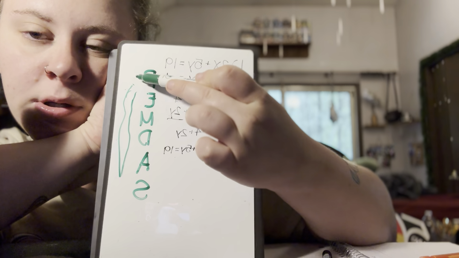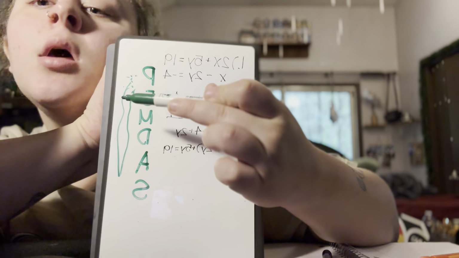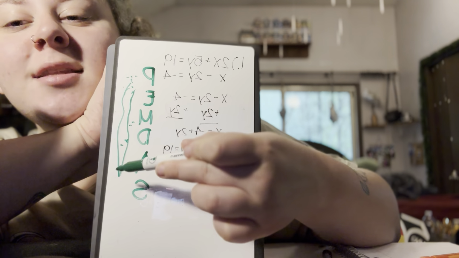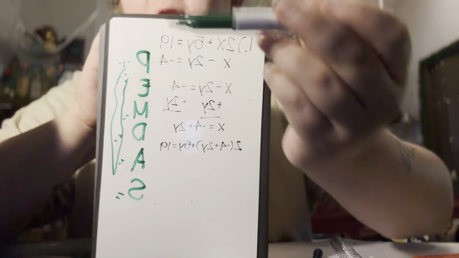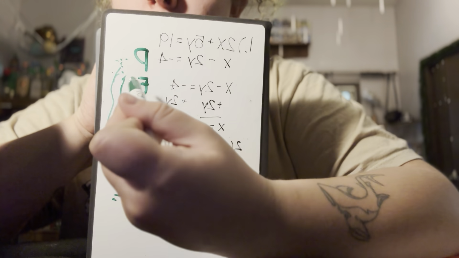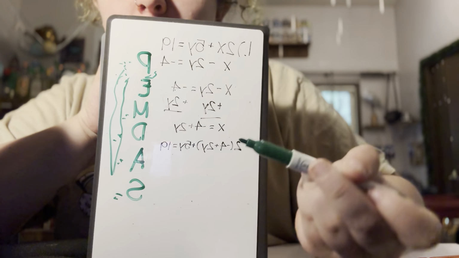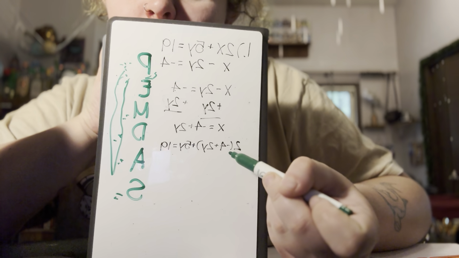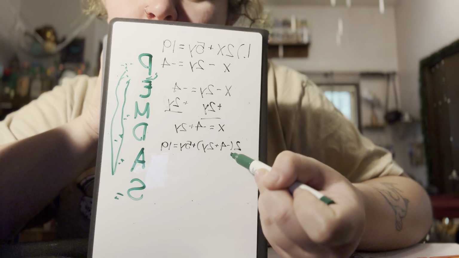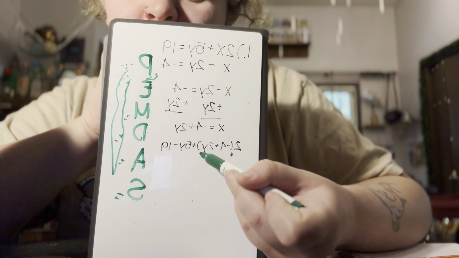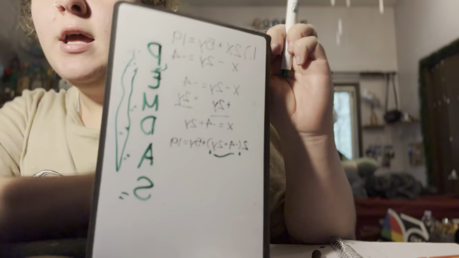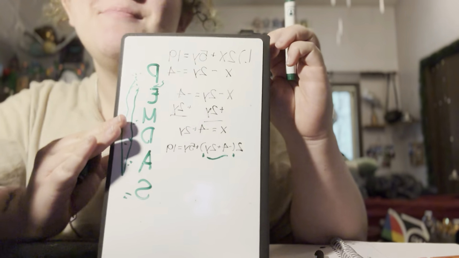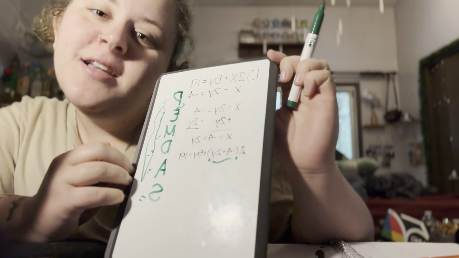So you go P, then E, then M, then D, then A, then S. The P stands for parentheses. So for instance, this right here, and this right here, all the stuff in there is what we have to do first, because those are what is in the parentheses.